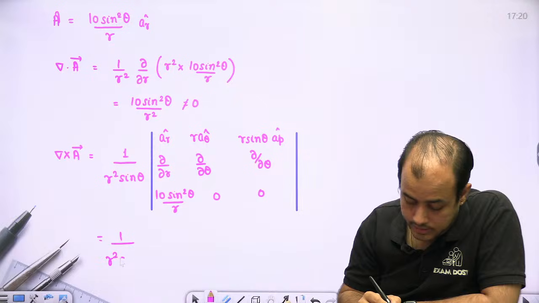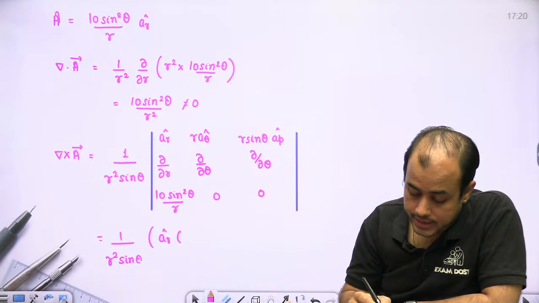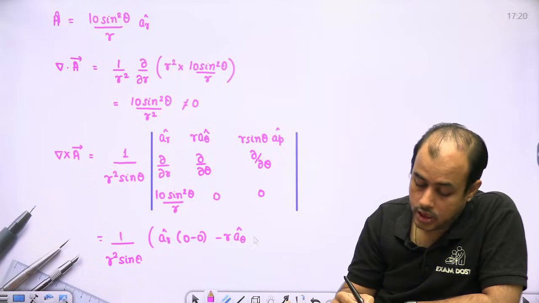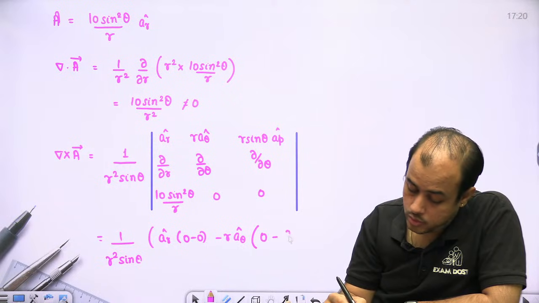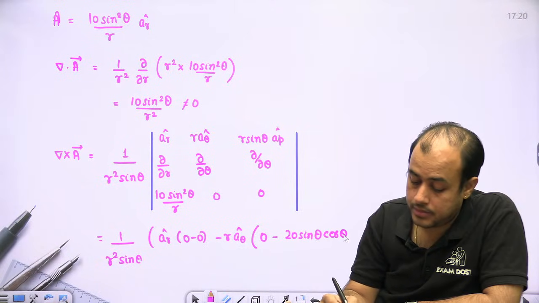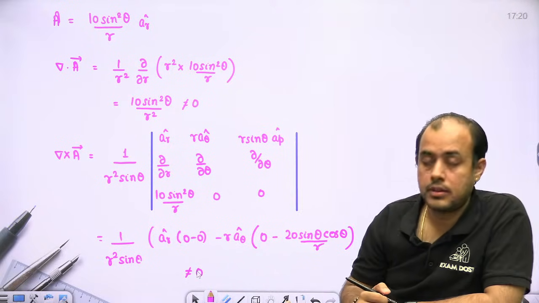Okay, 1 by r square sine theta. In the A r cap, I get 0 minus 0 minus r a theta. Now this will be non-zero: 0 minus 20 sine theta cos theta by r. So clearly it is non-zero.